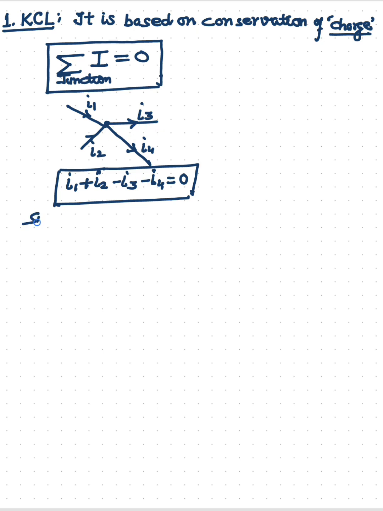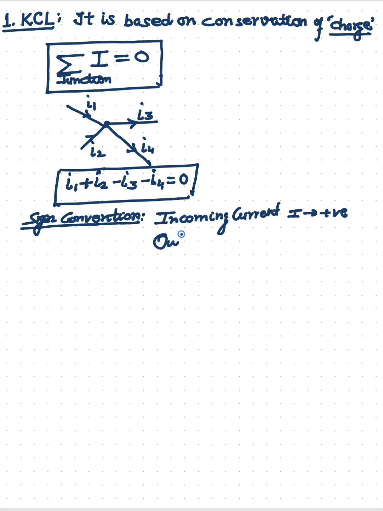So keep in mind the sign convention: for incoming current, I is positive, and for outgoing current, I is negative.